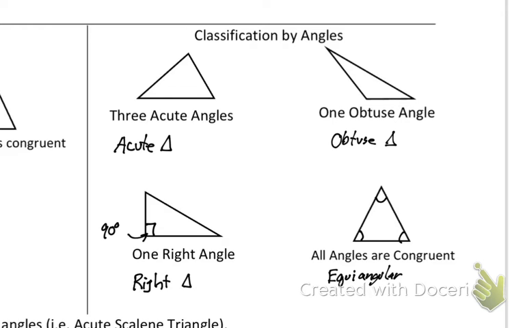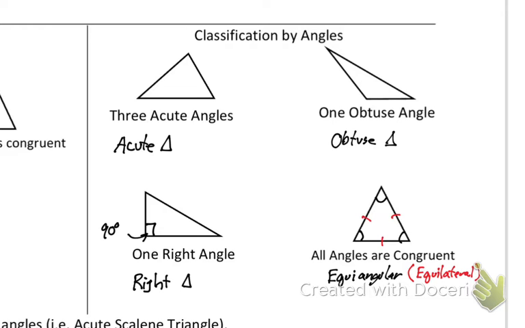What typically happens, instead of calling it equiangular, we find out that these are actually equilateral. So if all three angles are congruent, that means all sides are also congruent. So we just skip equiangular and call it equilateral.